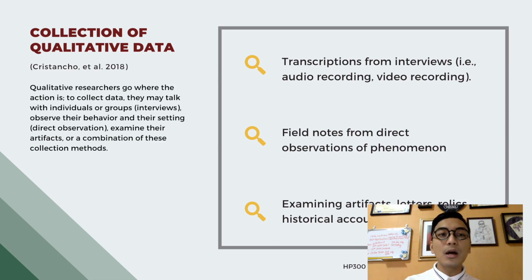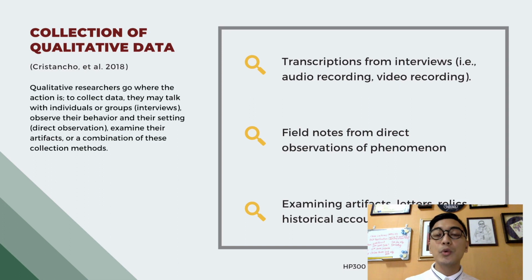When you collect qualitative data, you have to make sure that you know what you are collecting, such as transcriptions from interviews. Make sure that you are ready with your audio recording devices and your video recording devices, as you are allowed.